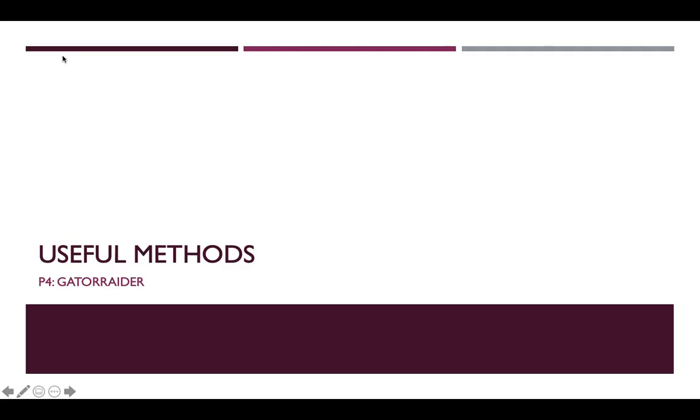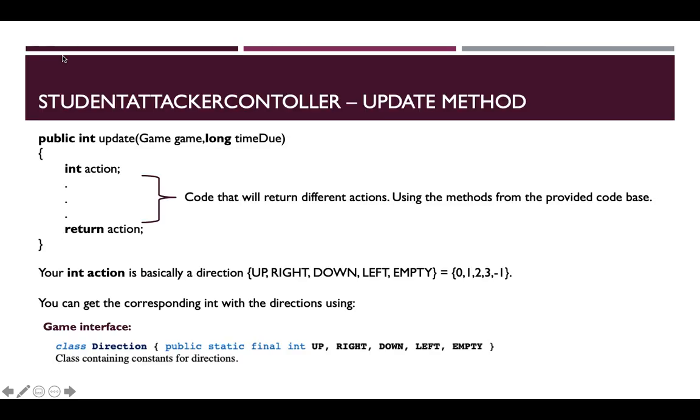Okay guys, so now we're going to go into a bit more about the useful methods that the existing codebase provides for your use. So the first thing I want to re-emphasize is that where you're going to be putting code is in the Student Attacker Controller class. And in that class, most or all of your code is going to be in the update method.